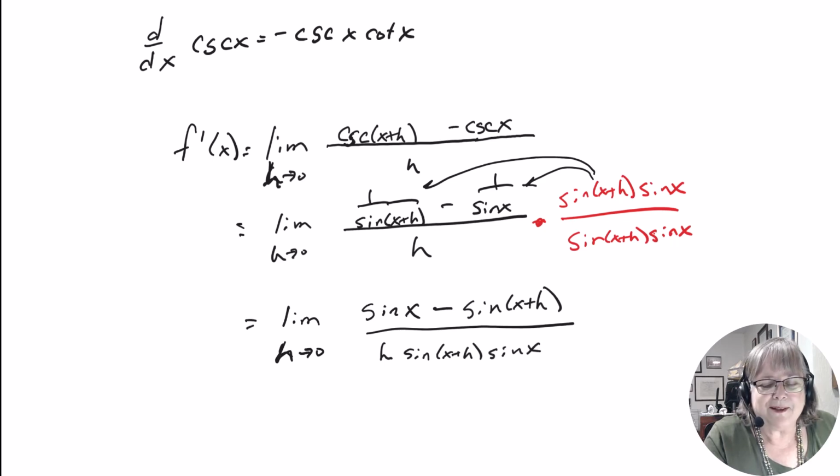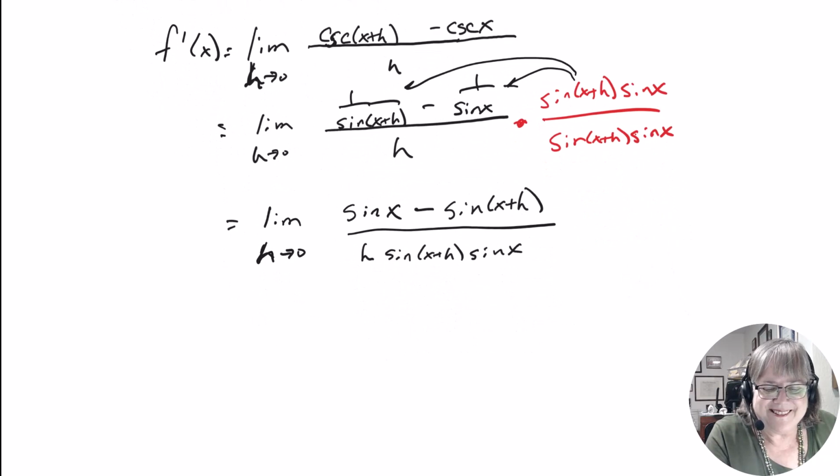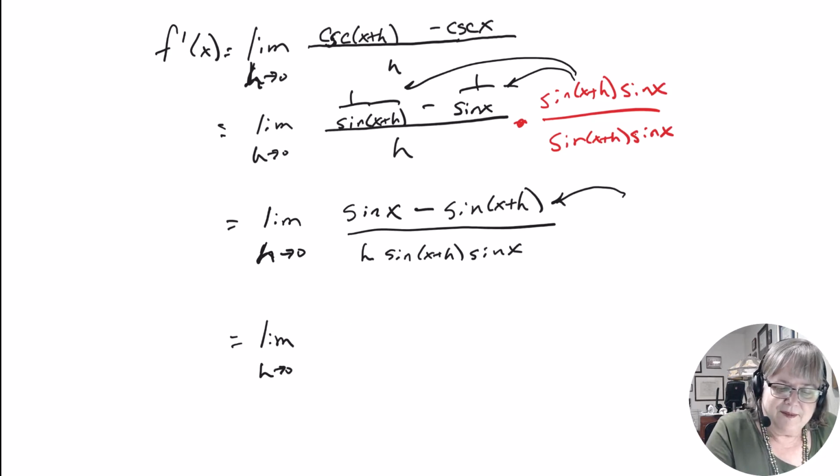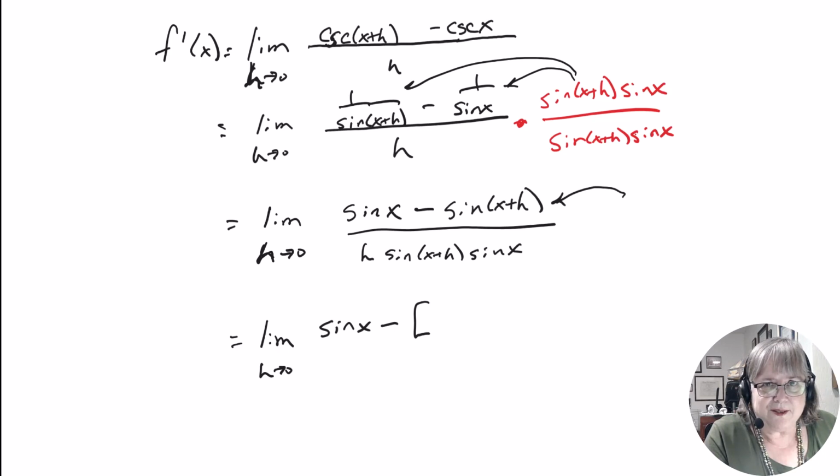We're nearing the end, so I'm getting kind of silly. Sorry about that. All right, so here we go. We're almost done. See this part right here? We have the sine of a sum, so we're going to expand that. So we have sine of x minus, and the sine of a sum goes sine, cosine, cosine, sine.